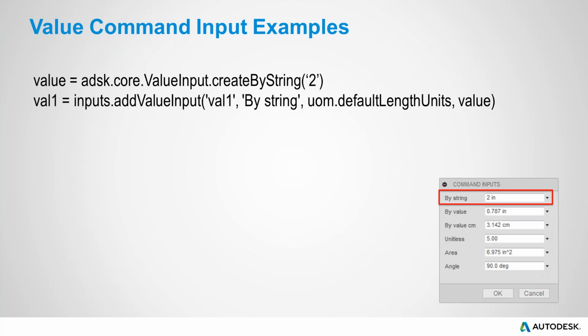And so here's looking at the code a little bit more for this. So I'm creating, and this is something we haven't touched on too much, this is a little bit confusing, how I need to supply the initial value for this is by using a value input object. And the value input object doesn't really represent anything inside Fusion.